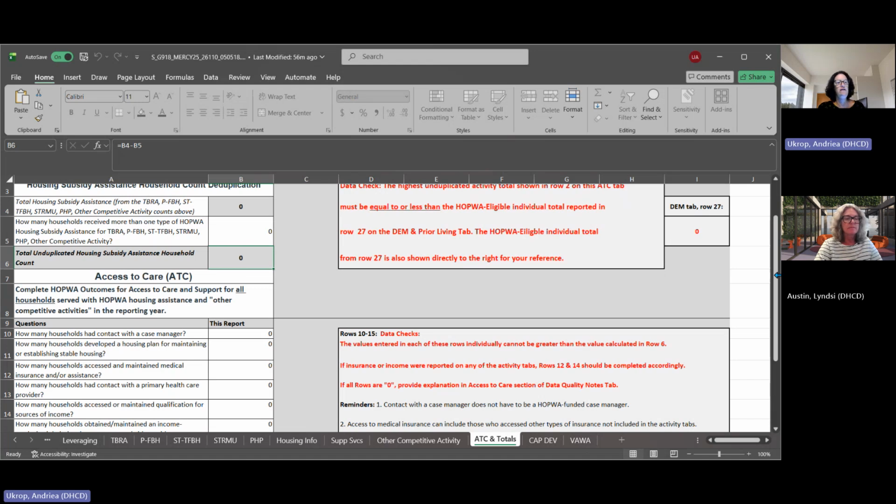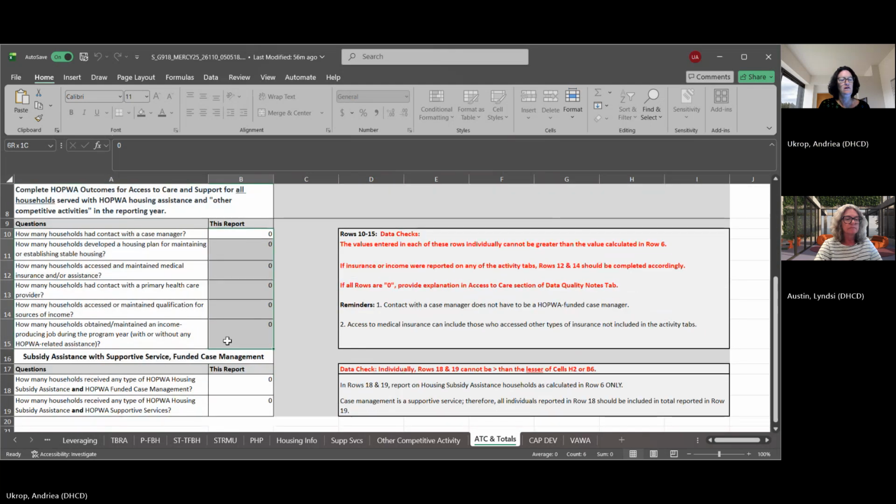Okay, then let's see here. In rows 10 through 15 here, you are going to provide the number reported on each of these rows individually, and it cannot be greater than row 6.